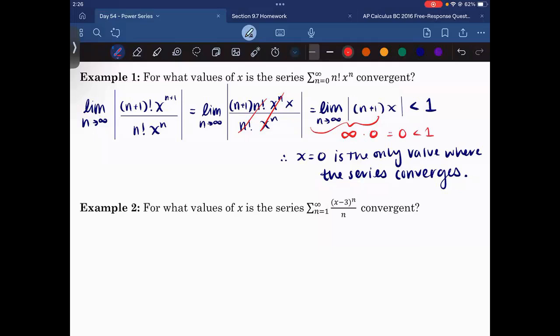So that's why it has to equal 0. We're going to see a lot of the opposite, where x is going to be the infinity part, because this can be anything. This could be 1,000,000 or it could be 100, whatever it is. Going to infinity but times 0 will mean that's where it converges. So it can only converge at one singular point.